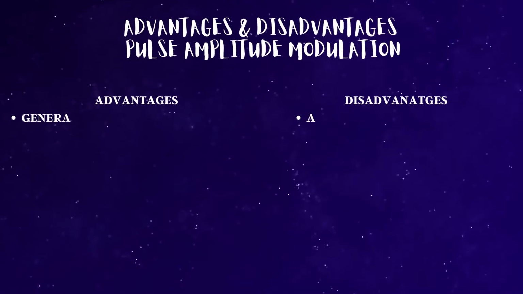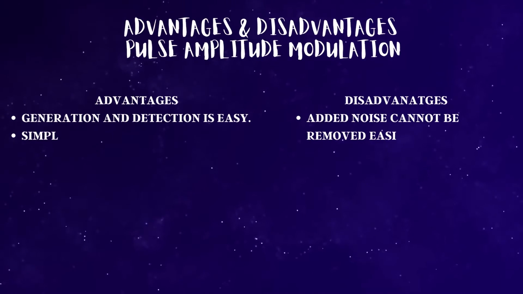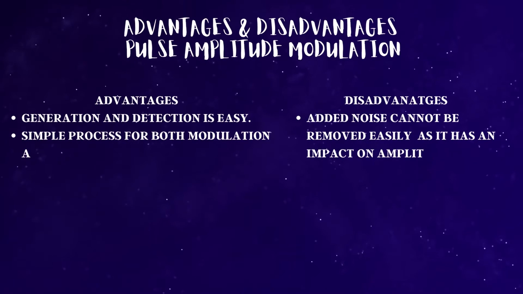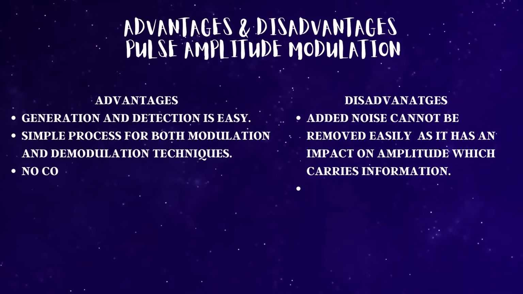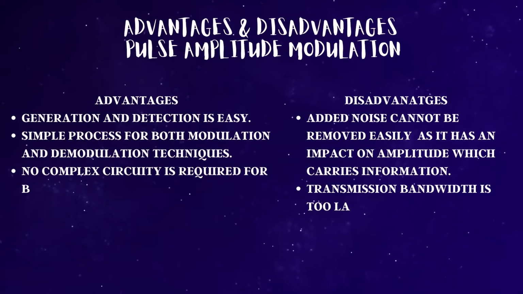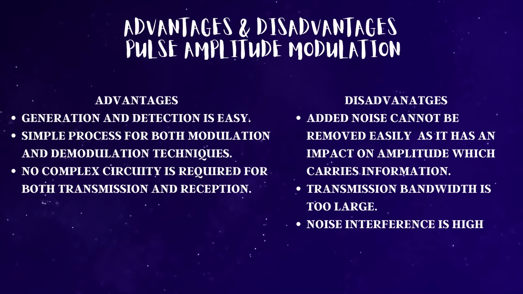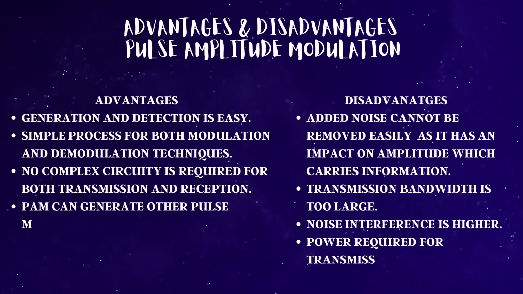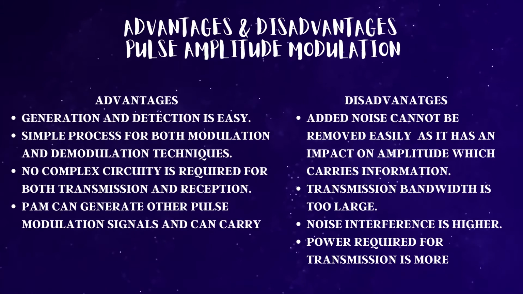Next, I will talk about the advantages and disadvantages of pulse amplitude modulation (PAM). Firstly, the advantages are the generation and detection of PAM is simple. Next, both modulation and demodulation approaches have a basic technique or methodology.